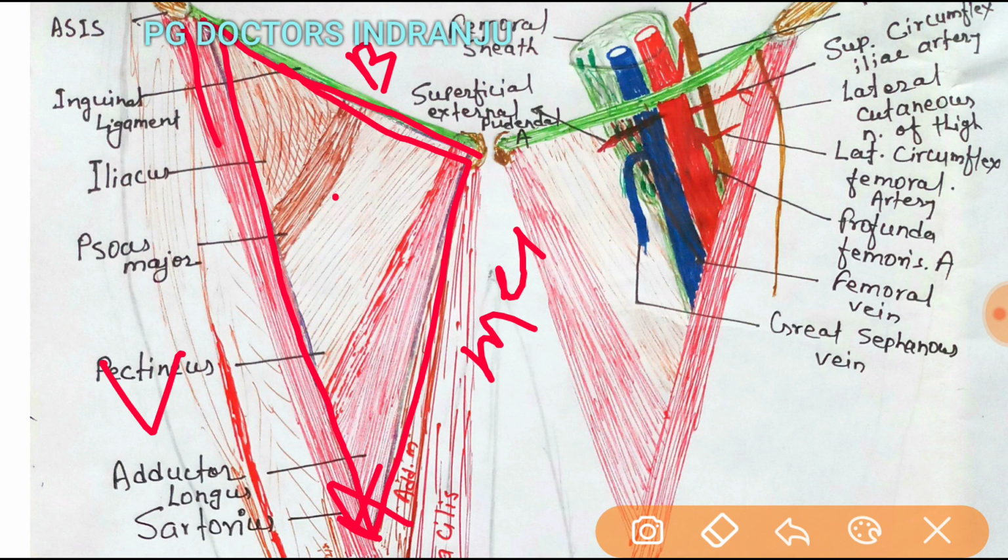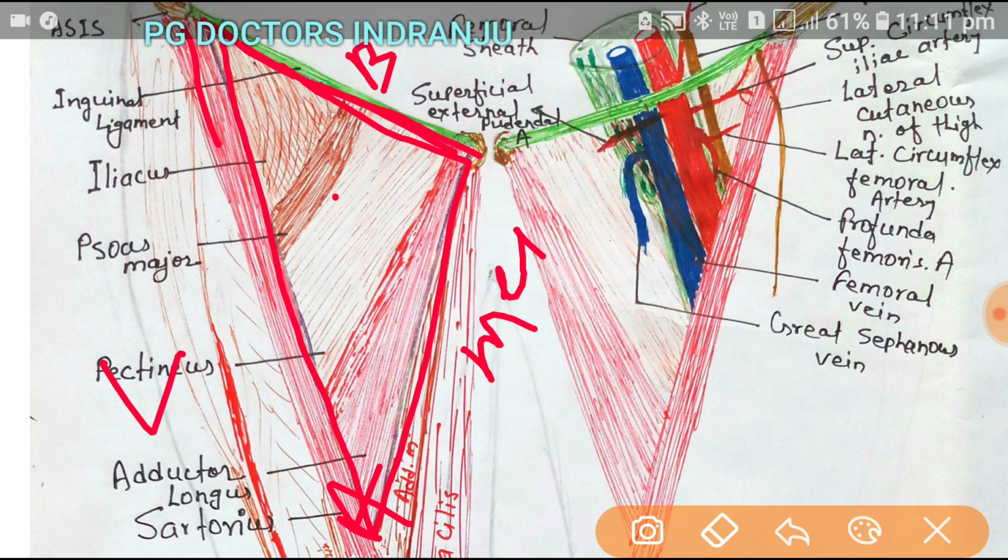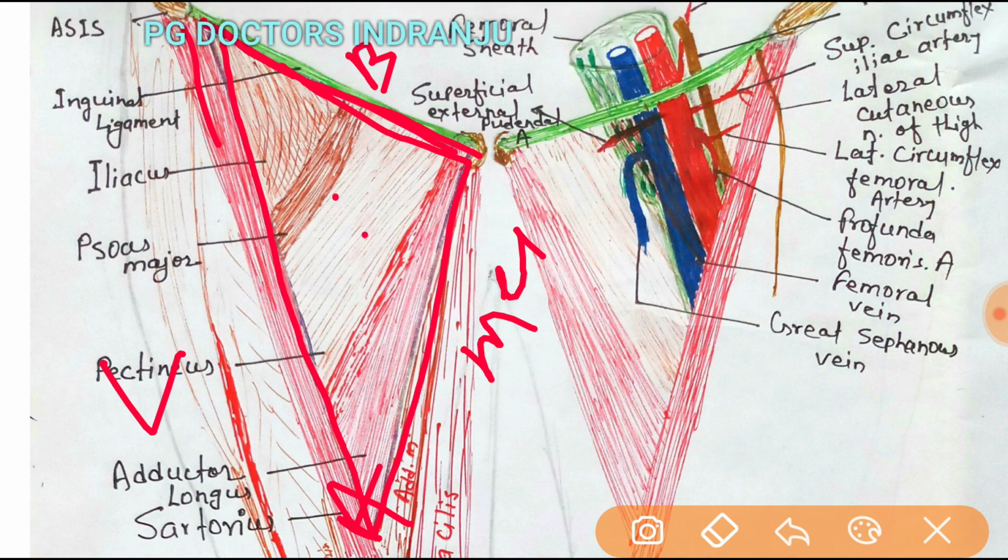So the base is formed by the inguinal ligament. The medial border is formed by the adductor longus. This is the adductor longus. So the medial border of the adductor longus makes the medial border, and the medial border of the sartorius muscle makes the lateral border. So this makes a triangle.